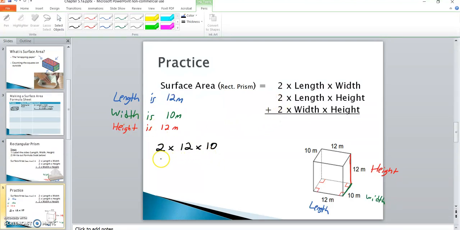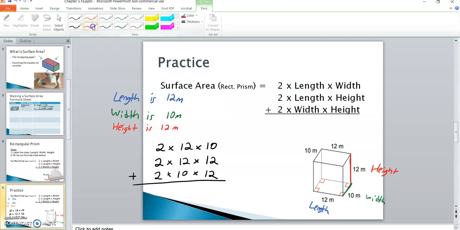And then 2, we'll go into the next line, times 12, which is the length, times the height, which is 12. And then the final one is 2 times the width times the height. And we're just going to add them all up.